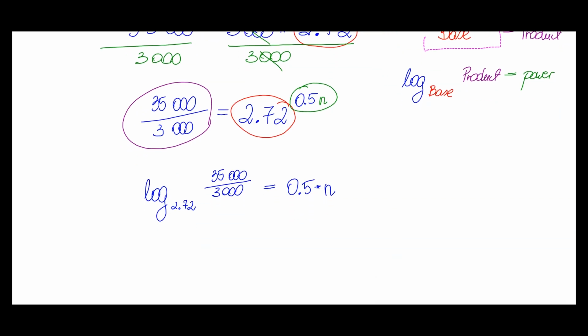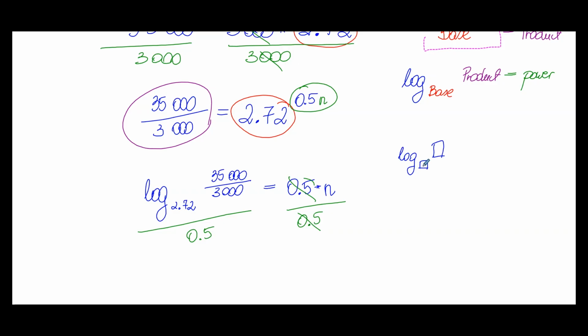Now I just need to deal with one more item here because I need n, not n multiplied by 0.5. How do I get rid of multiplication? Always the same, by dividing, and dividing both sides of the equation. So we can put that in our calculator and get our answer. Now don't forget, in your calculator you have to look for the button that has those squares, because that's what you should see on your calculator.